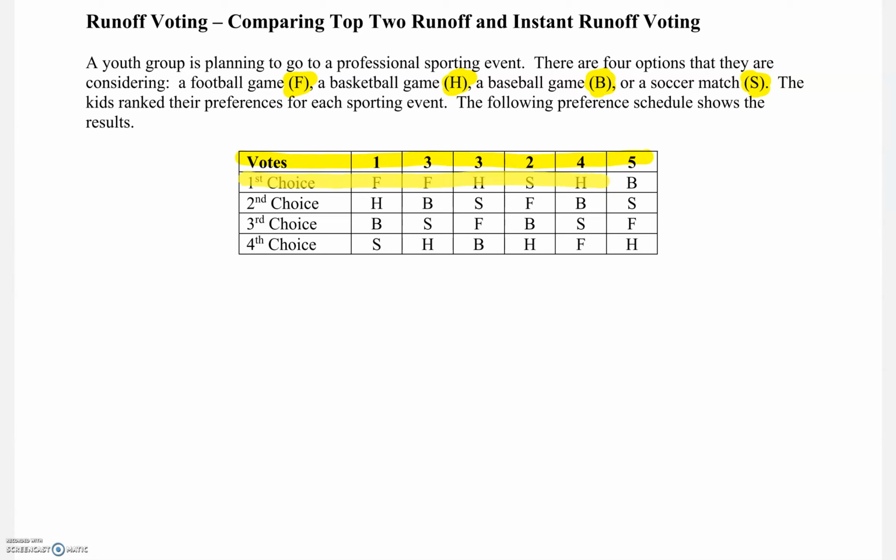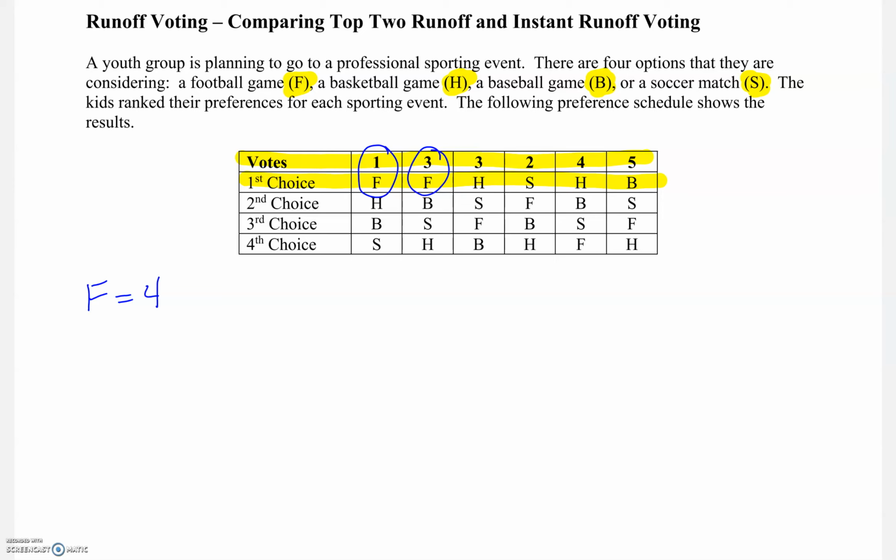So that would be the votes in the top row, and then the first choice, which would be in the second row down. So let's look at each of these sporting events in turn, and I'll just start on the left side of the table and move along. So what we have here is the first person saying football, and then 3 more people saying football as their first choice. So that would be a total of 4 votes for football.